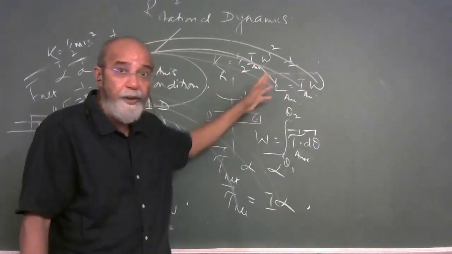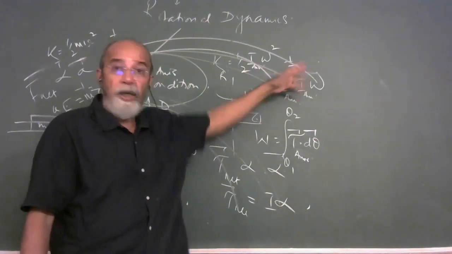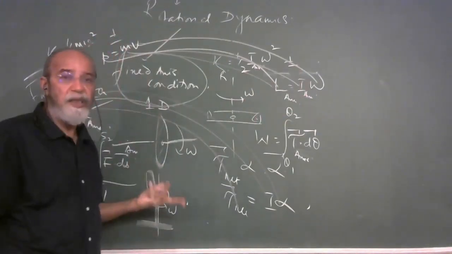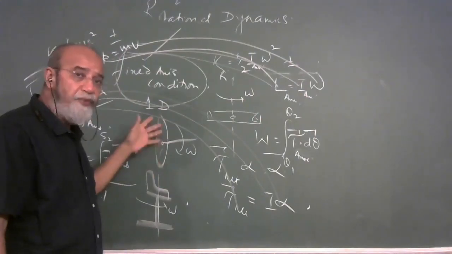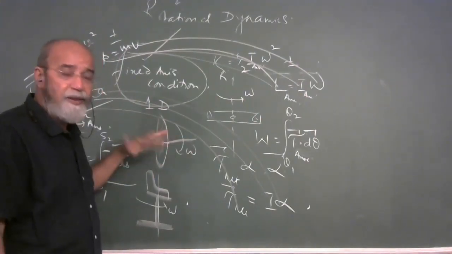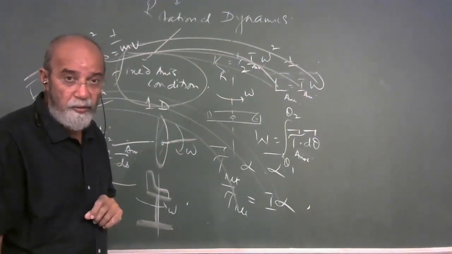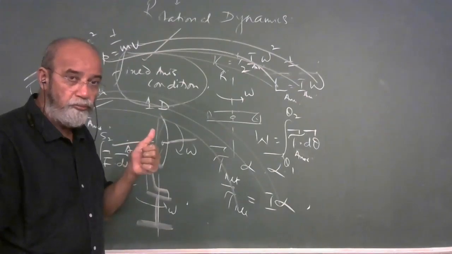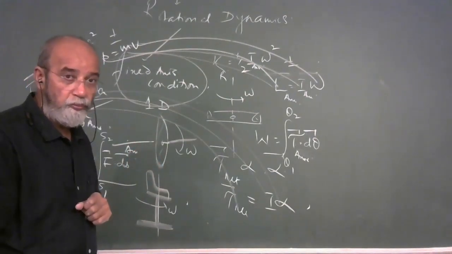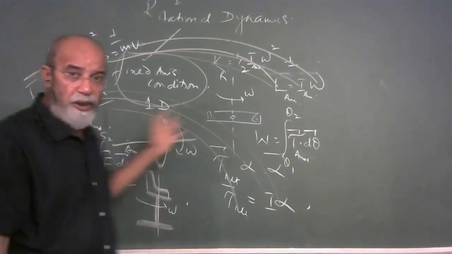But if you put it, you've done nothing wrong, because it's a fixed axis condition. Every particle of the disk has to rotate about this axis. No problems. Wow. See the connectivity. See how easy life can become.